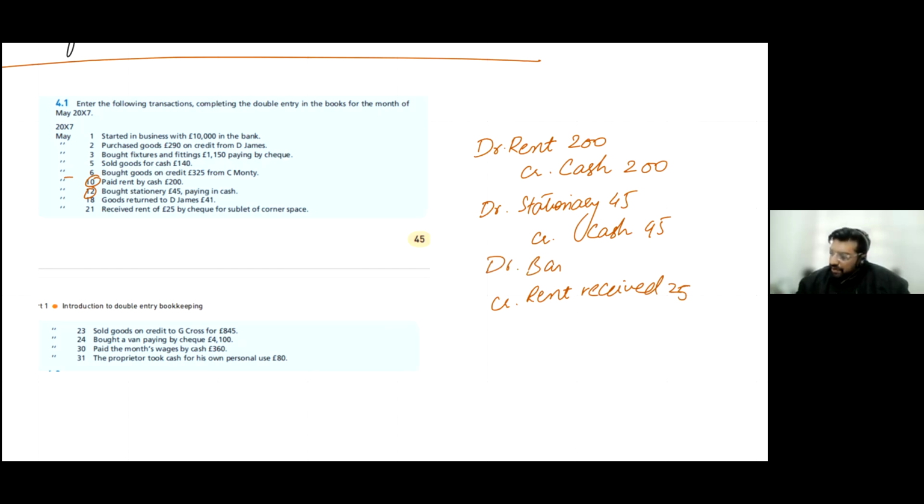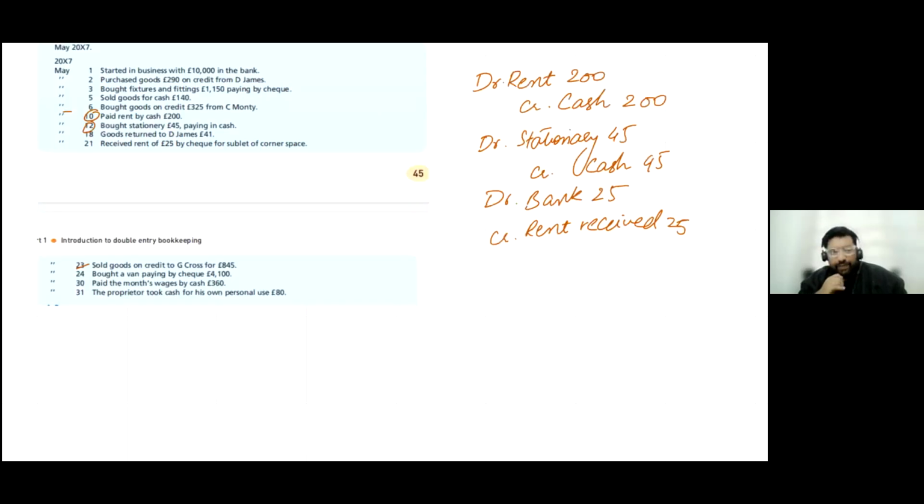Sold goods on credit, sales credit, and G cross debit, because G cross is becoming our asset now. Okay, these are receivables. Bought a van, paying by check. Again, we are buying an asset. We are not buying goods. So van account would be debit.